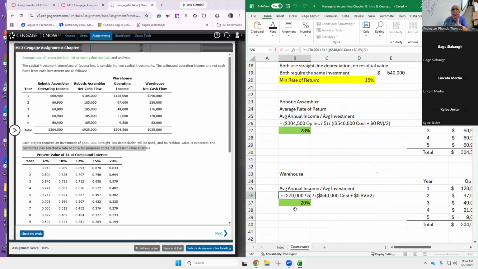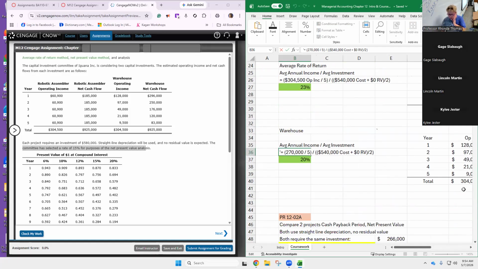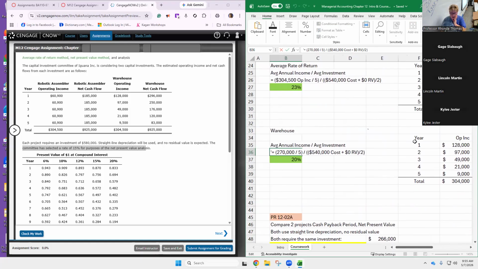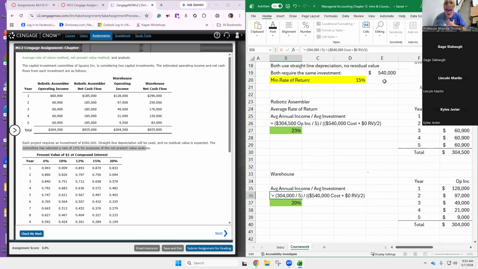All right, and that's okay. So once again, down here, same formula. You go get your total operating income and divide by the number of years that that project is supposed to operate. Okay, so mine is 304,000 divided by 5. And then we're going to divide by the cost, which is 540,000 plus residual value divided by 2.